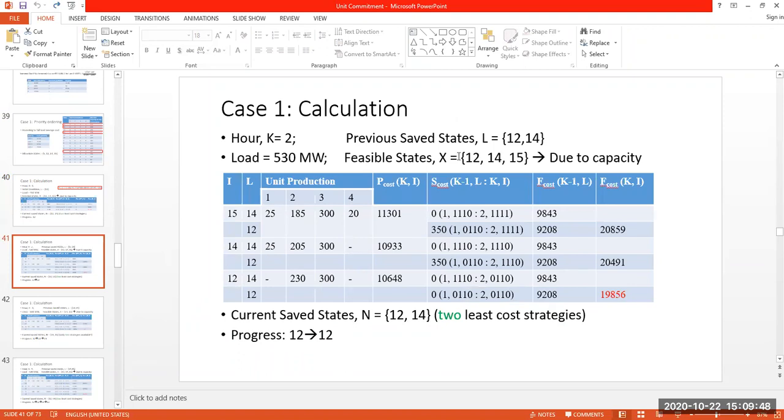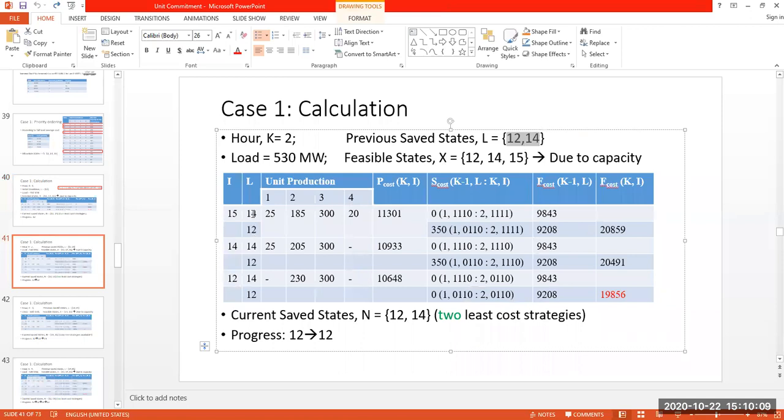Again, it is not exactly the same as the allowable states. Why? State 5 misses out due to the capacity limitation. So now in place of L, we have 2 states. The saved states are 12 and 14, so L would be 12 and 14.